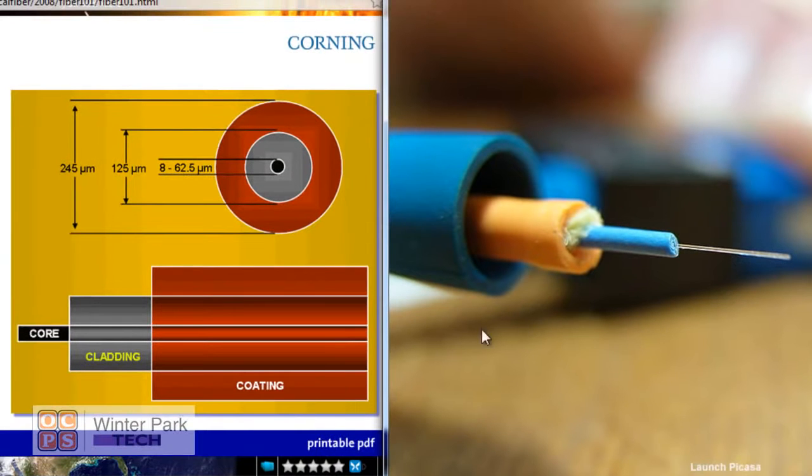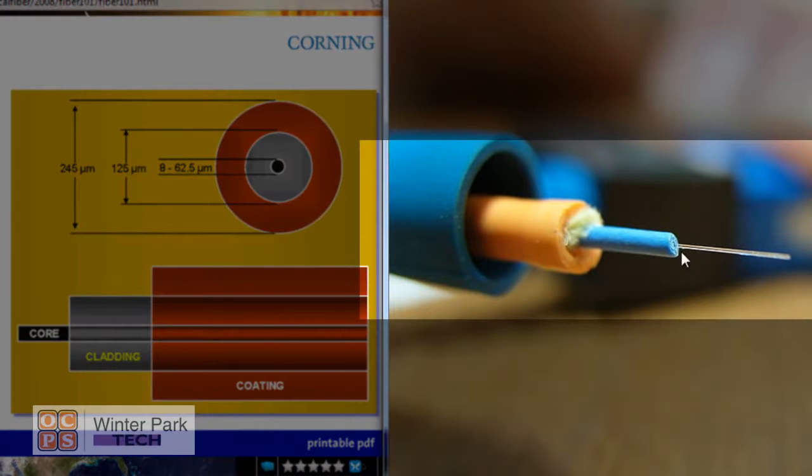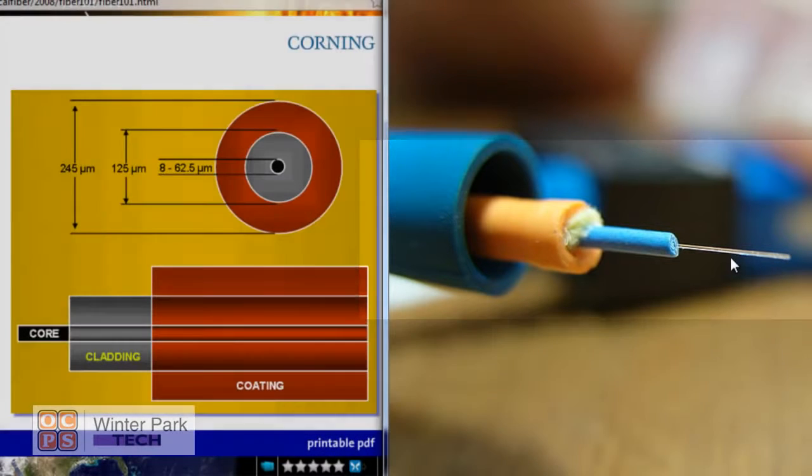One of the most interesting things about fiber optics is the relative size. You can see here in this picture where my mouse is, you can see this small, what looks like glass tube. That is not the fiber optics. Over here, this picture gives you a better perspective of what you're really looking at. This coating that you see here is typically acrylic, some type of epoxy material that's around the cladding.